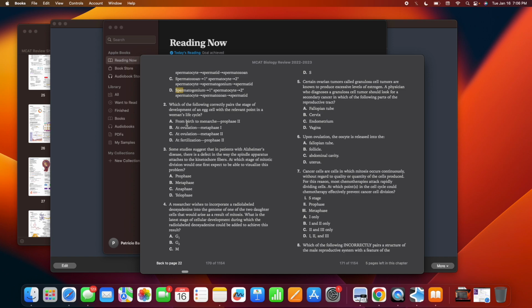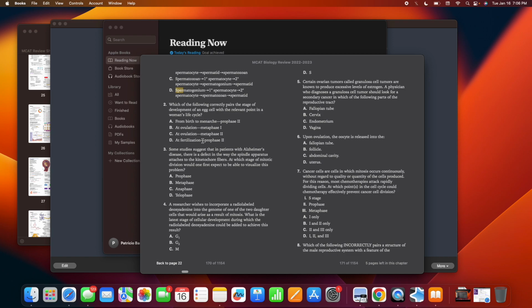It's prophase 2. If it's prophase 2, it means that your eggs are formed. Then we also have prophase 2 at fertilization. So what is fertilization again?